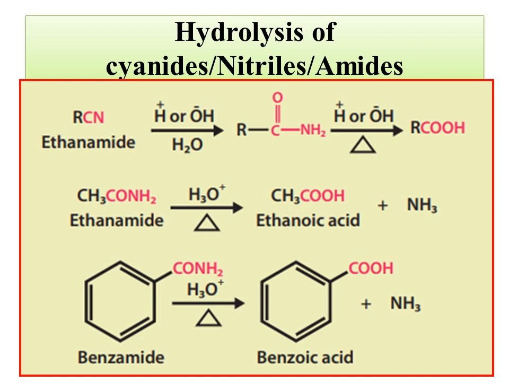Nitrile undergoes hydrolysis to form amide. The amide in the presence of a catalyst forms carboxylic acid. The amide can also undergo hydrolysis in the presence of acid or base to give the carboxylic acid.